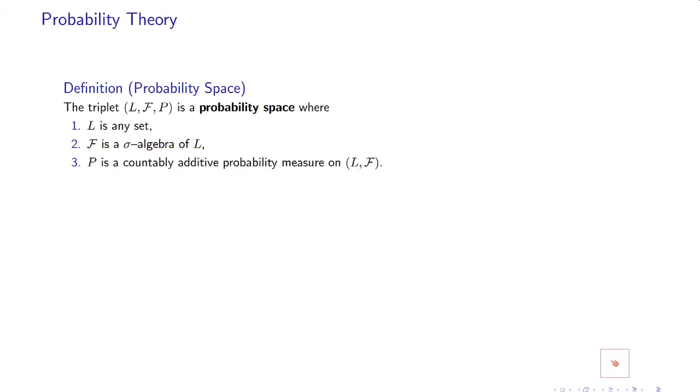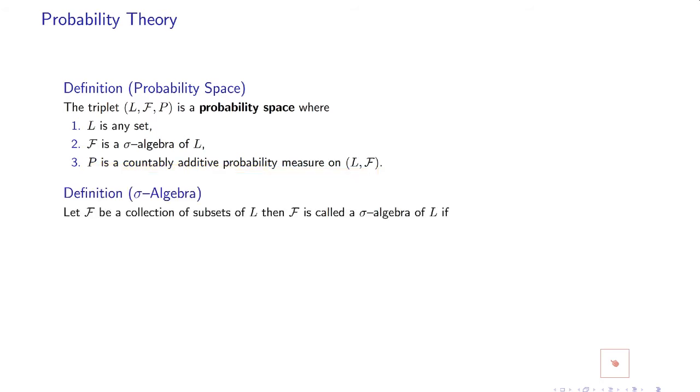Then we want to define a probability measure. We say a probability measure is a countably additive probability measure on Ω and F, and this is a probability space. So we need to define these two components, sigma algebra and countably additive probability measure. So we need to learn it, and with a little bit of exercise, we are on the right track.